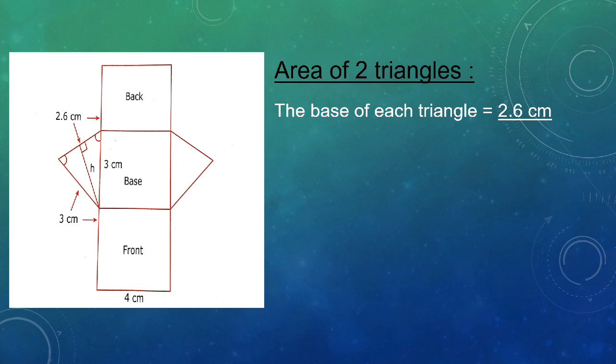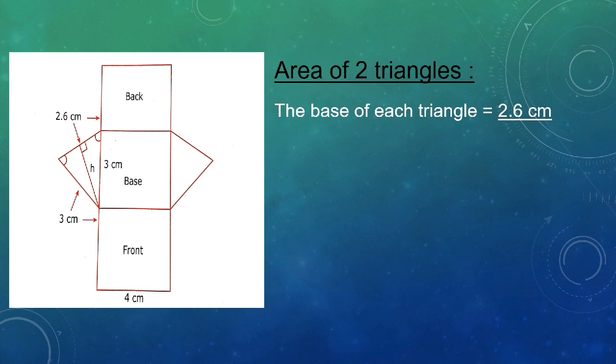So we will solve the height. How to solve the height? Okay, to solve the height, we will use the Pythagorean theorem. Okay, what is the formula of the Pythagorean theorem? We have c squared is equal to a squared plus b squared.